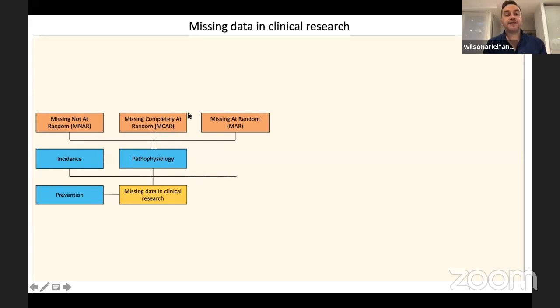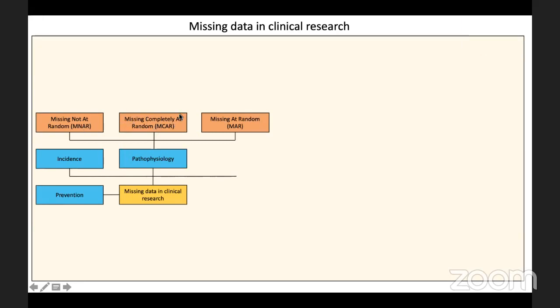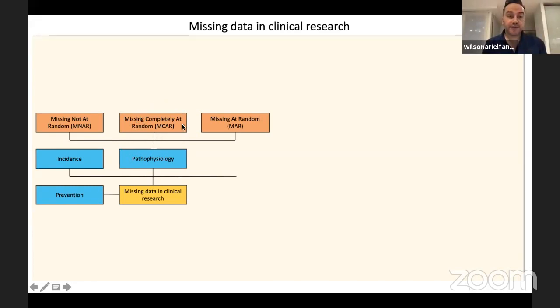Missing completely at random is the worst. Sorry, it's the other way around. Missing completely at random is rather unusual, and this is the ideal scenario, when your data is not related to the outcome or to the independent variables.